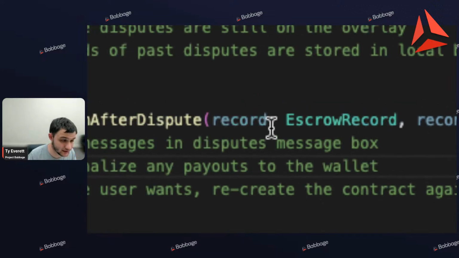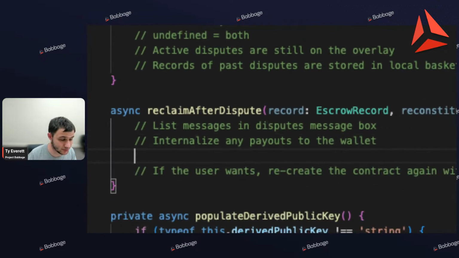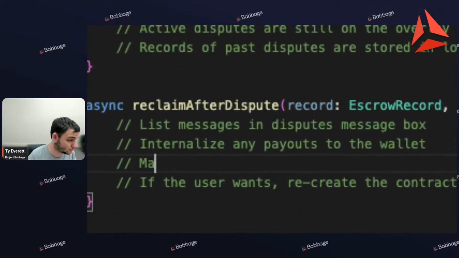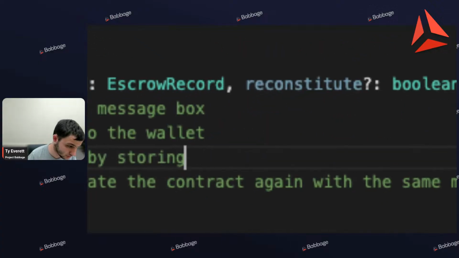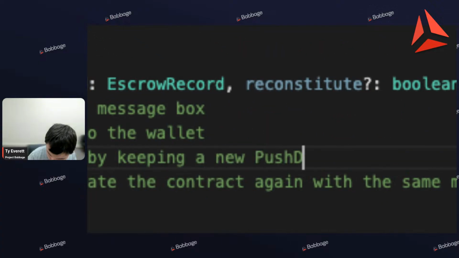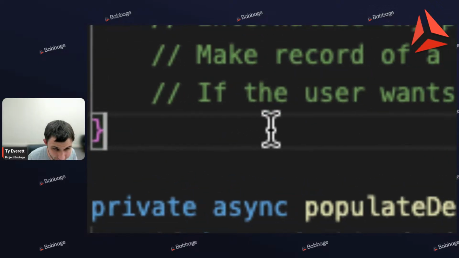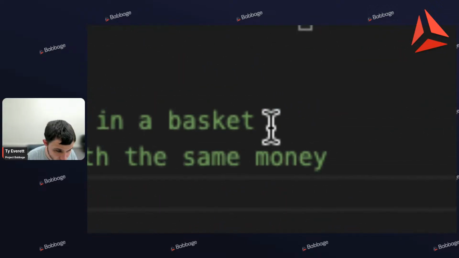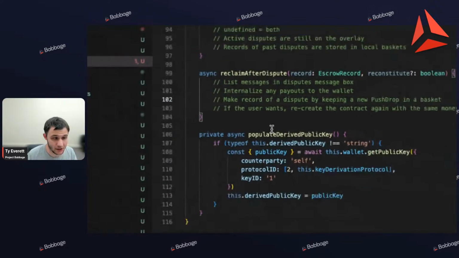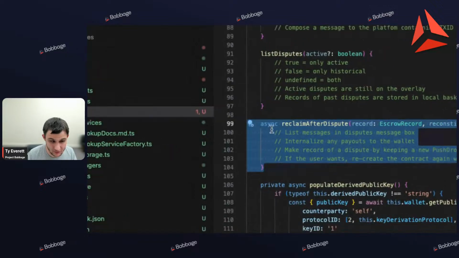You're going to internalize any outputs that you got from a dispute. Make a record of that. And then if you want to reconstitute, then you reconstitute.